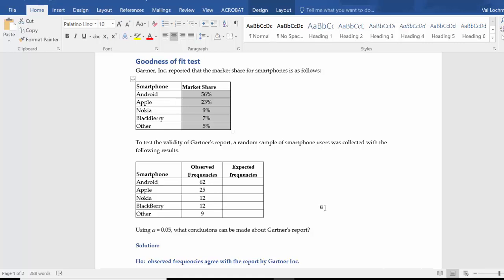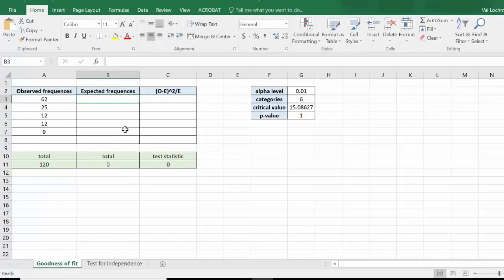I need to use this information right here to figure out my expected frequencies. So 56% of all smartphones should be Android, right? So I'm going to use 120 times 0.56. Let's take a look at this category. For Android, the expected frequency was 67.2, and if it's a decimal, that's completely fine, but we got 62. Are they different? Yes. Are they different enough? Well, that's what we're going to find out at the end of this problem.